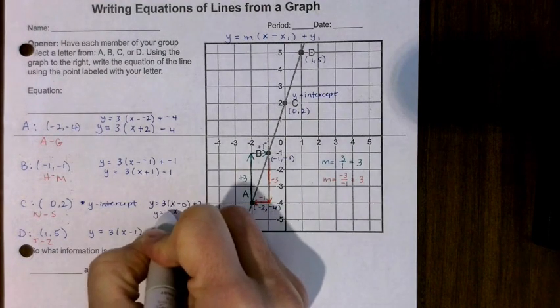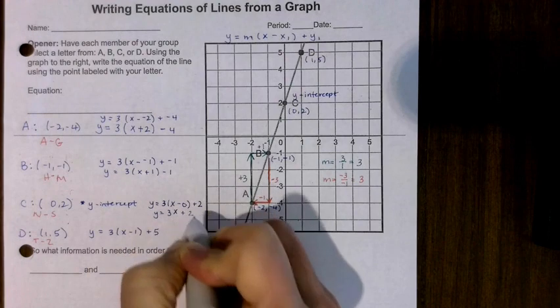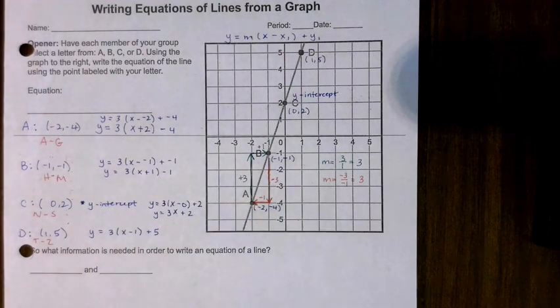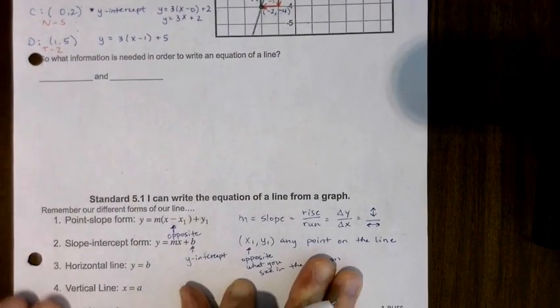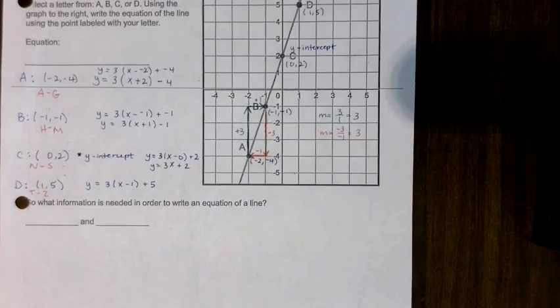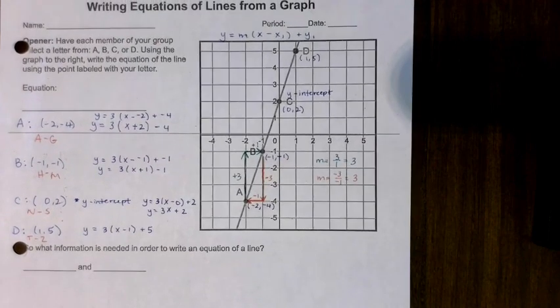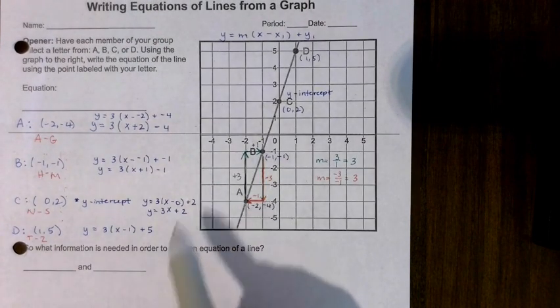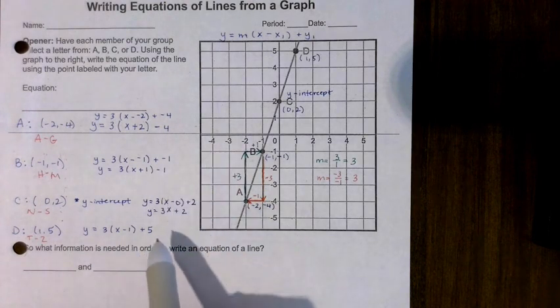So we have y equals 3x plus 2. And I hope you will recognize that this is the slope-intercept form of the equation because we've used that specific point, the y-intercept. I'm going to take a minute to simplify the rest of these to show that we're going to come up with the same equation.